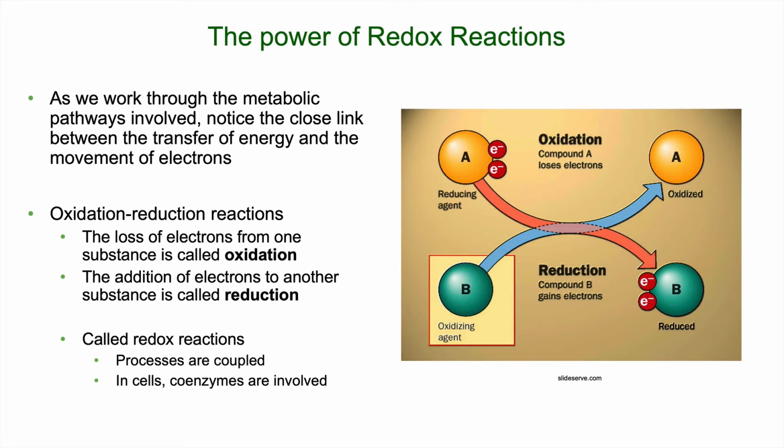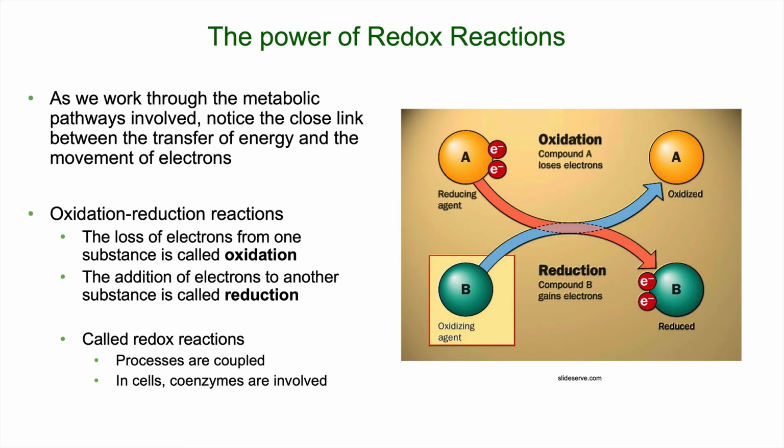So here in this example, we're looking at the losing and gaining of electrons. Compound A is losing 2 electrons to become oxidized, and at the same time, compound B is gaining those 2 electrons and becoming reduced. Because these two things are happening concurrently, we say that these two reactions are coupled.